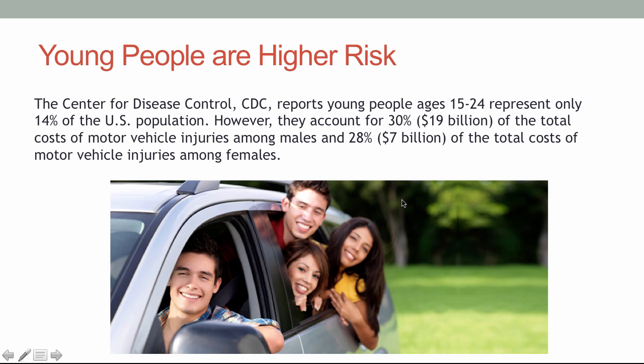So the Center for Disease Control, the CDC, reports that young people ages 15 to 24 represent only about 14% of the population. However, they account for 30% of the total costs of motor vehicle injuries among males and 28% of the total cost of motor vehicle injuries among females.